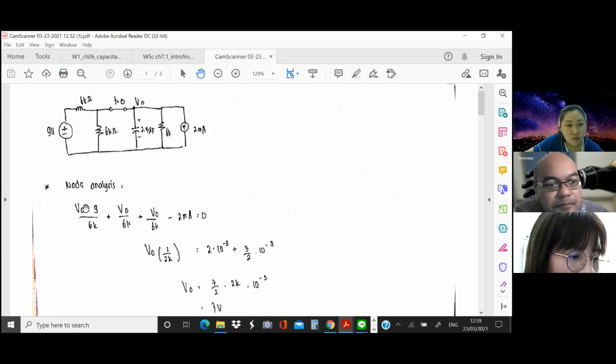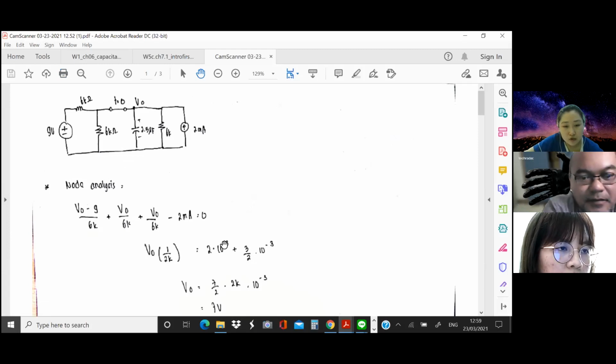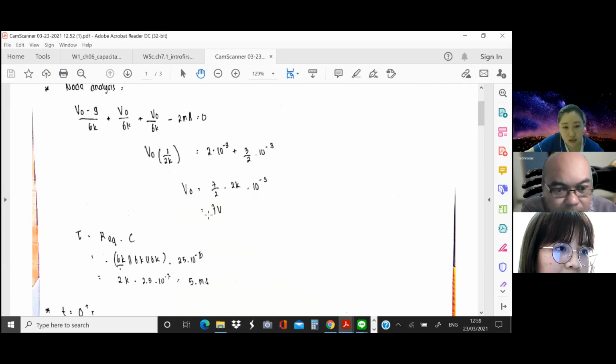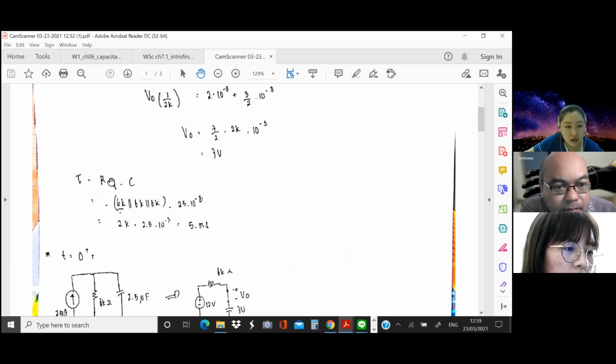V0 minus 9 over 6K plus V0 over 9K plus V0 over 9K minus 2 milliampere is equal to 0. Then we get V0 equal to 7 volts. Then tau is our equation times capacitance.